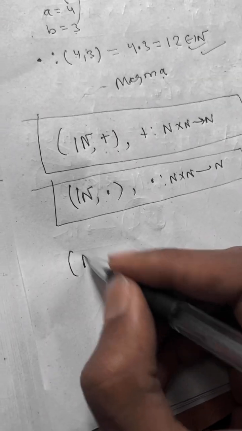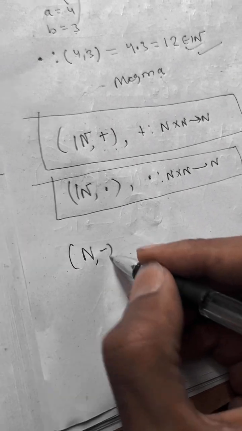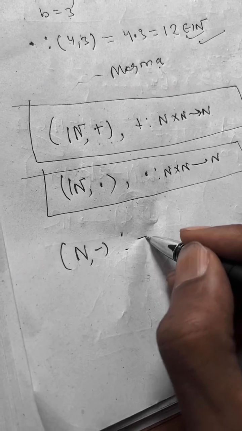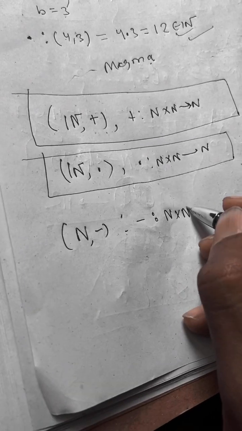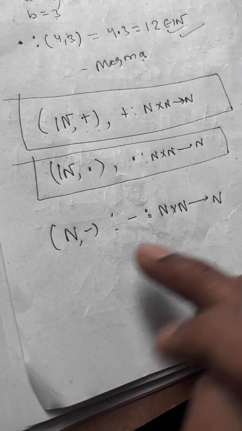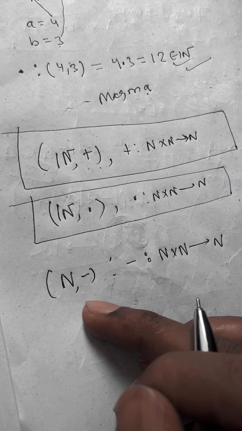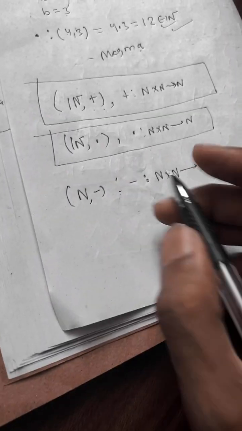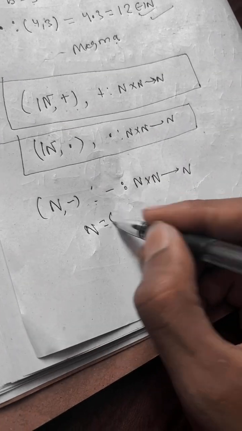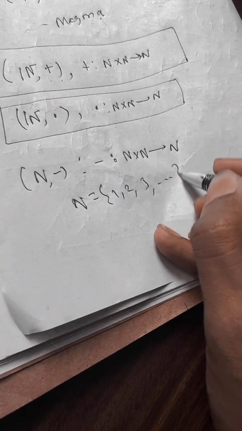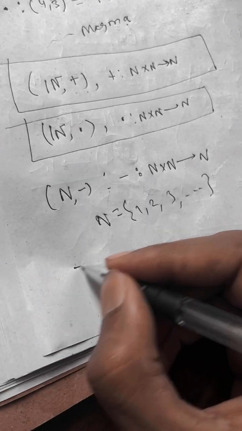What about natural numbers with subtraction, where our subtraction is from n cross n to n? Does it form a magma? Well, let's check. So we have the set of natural numbers 1, 2, 3 and so on. What is minus going to do?